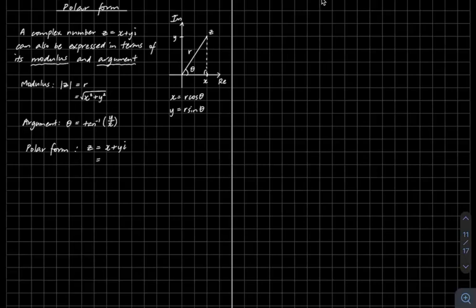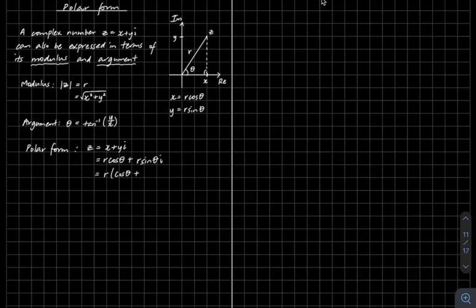We set up that x is r cos theta and y is r sine theta, so I could replace x with r cos theta and y with r sine theta times i, and I could take out that factor of r from both of those.